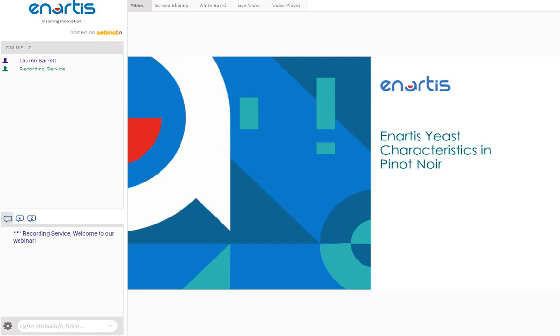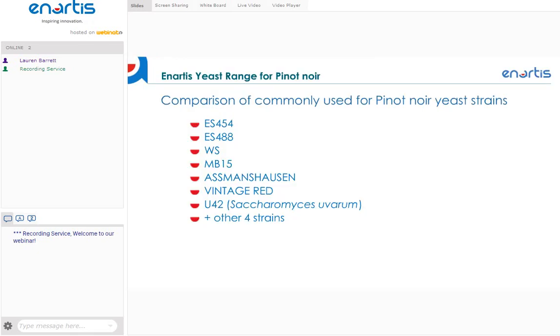Here we have the comparison of yeast strains within our portfolio. We have ES454, ES488, WS, MB15, Assmannshausen, Vintage Red, and a new strain in our portfolio, U42, which is a Saccharomyces uvarum.